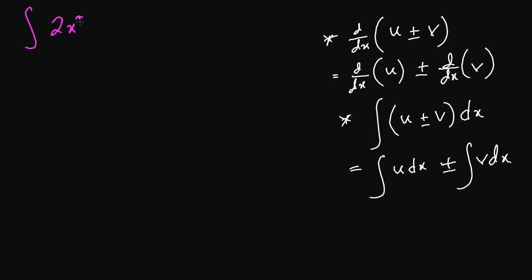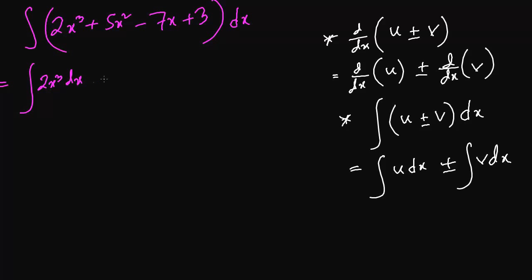So when we have something like that, if we have to integrate 2x cubed plus 5x squared minus 7x plus 3 dx, this is the same as integration of 2x cubed dx plus integration of 5x squared dx minus integration of 7x dx plus integration of 3 dx.